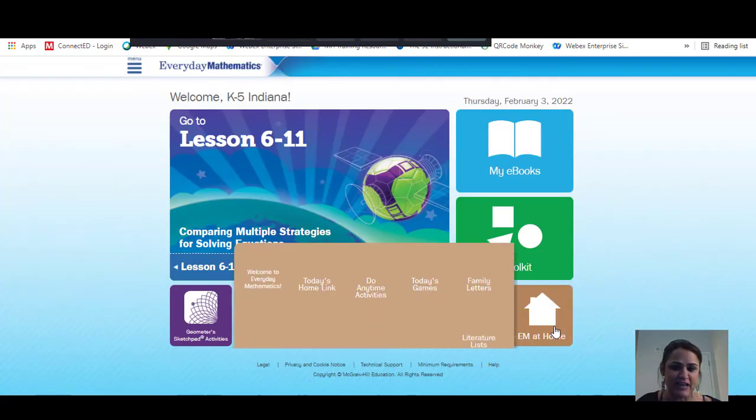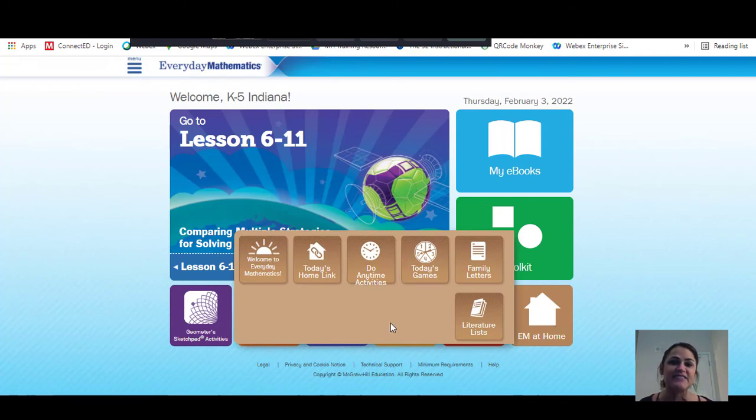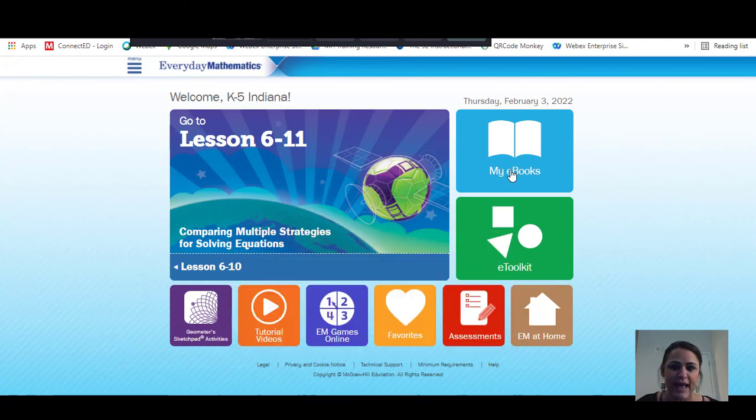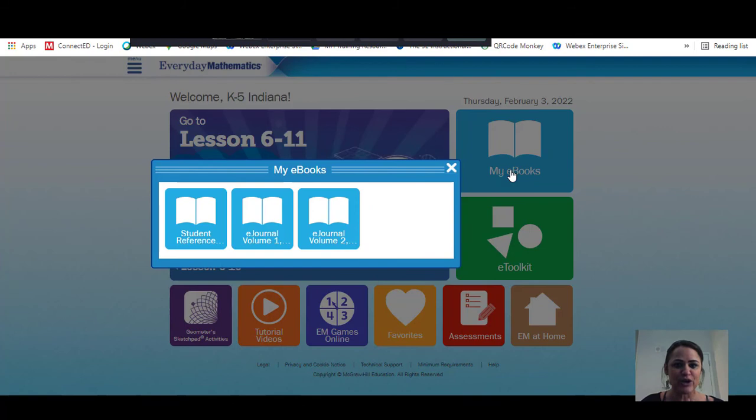Families love the Everyday Math at Home because it gives them just-in-time support of what the math is for the unit, as well as the vocabulary and strategies that we're working on in a very friendly language way. Opening up the ebook is the last thing we're going to talk about. It is the reference book.